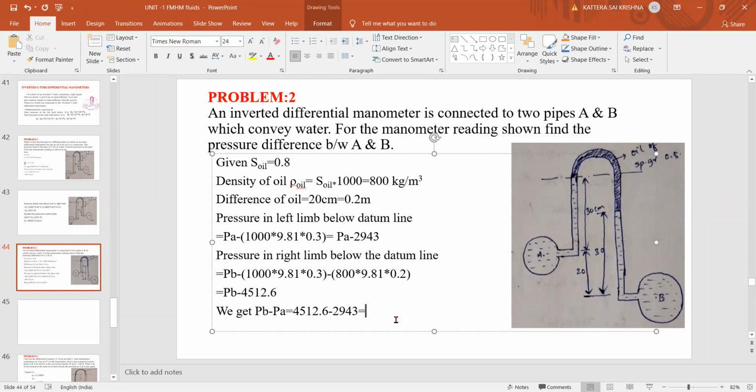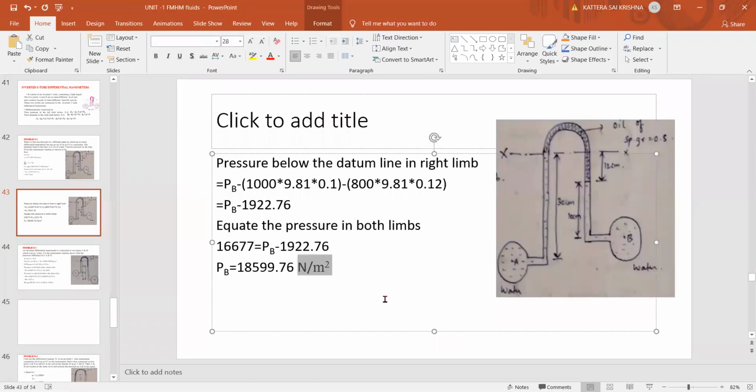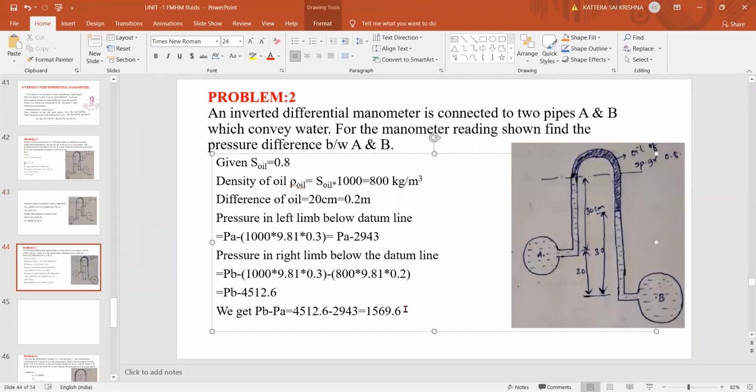So PB minus PA, you can find how much? 1569.6 Newton per meter square.